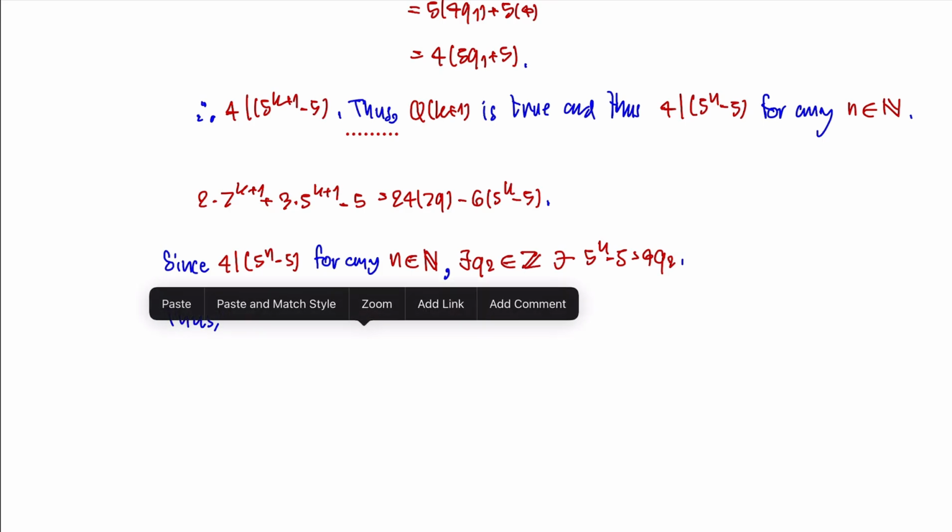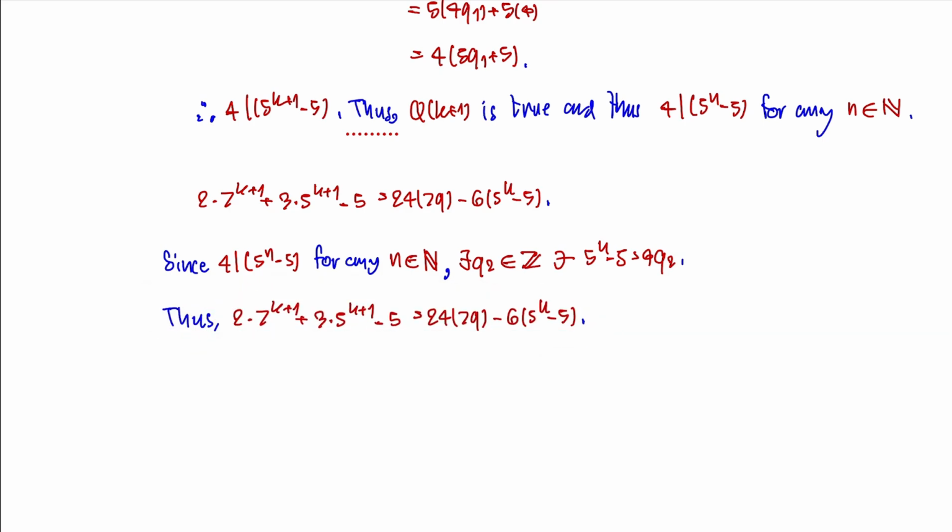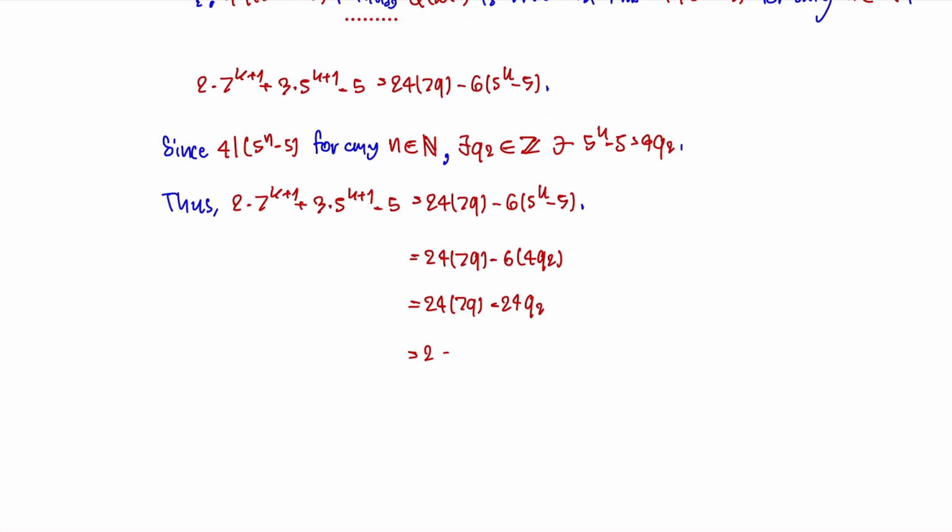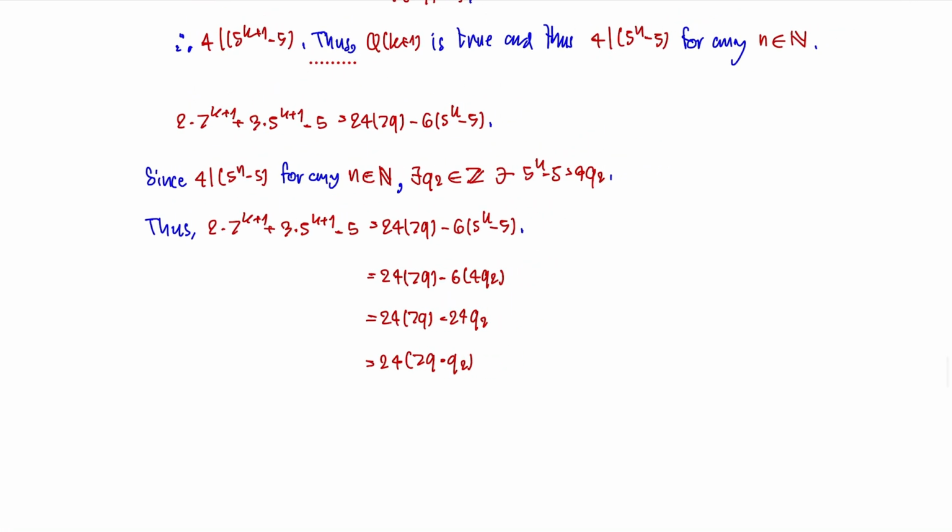So what do we have right here? We're going to have 24 times 7q minus 6 times 4q2. So it turns out to be 24 times 7q minus 24q2. Then it turns out to be 24 times (7q minus q2). Okay, great. So we have shown that this term is divisible by 24.